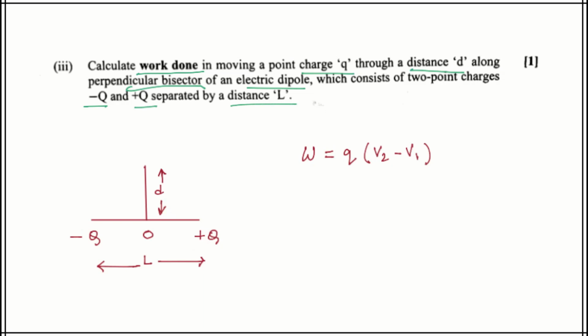Therefore V2 minus V1 becomes 0, and as a result the work done is q times 0, equal to 0. So the answer is 0.